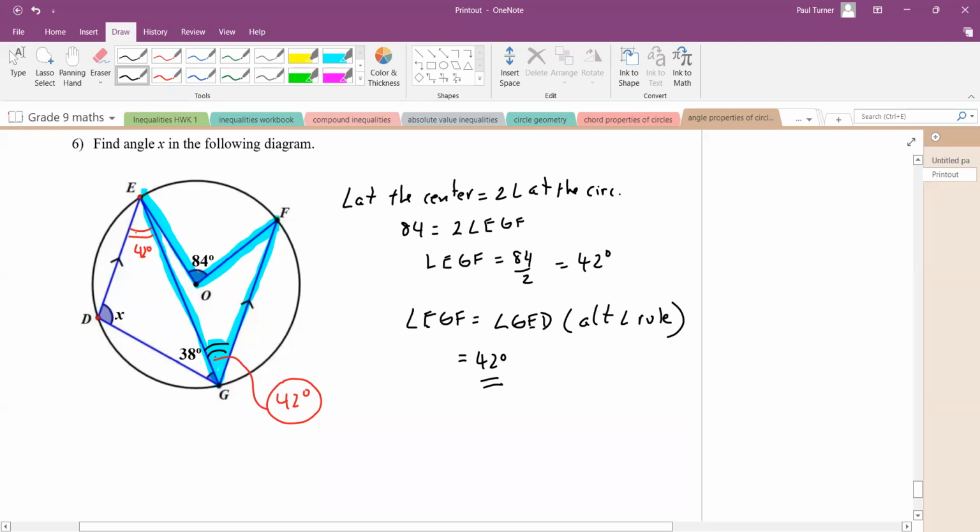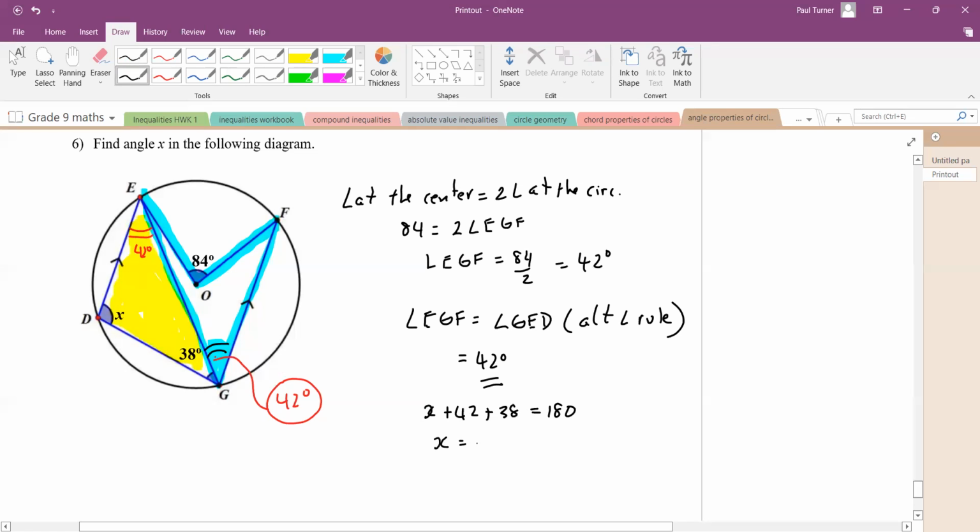So if this is 42, this is X and this is 38, you can see you've got angles in a triangle now. The sum of those three angles is going to equal 180, isn't it? So we could write X plus 42 plus 38 equals 180.